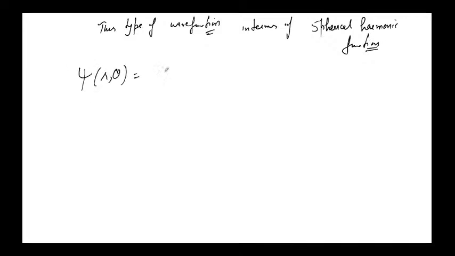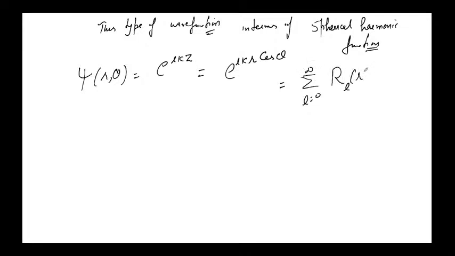For exponential of ikz, that is e to the ikr cos theta, we can write it as a summation over L from 0 to infinity of R_L(r), our radial wave function, and Y_L(theta, phi), our spherical harmonic function.